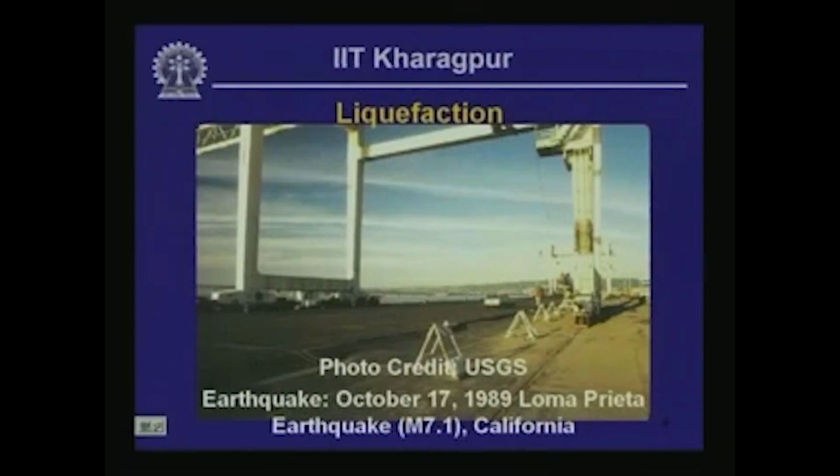This photograph shows the damage that could be caused by liquefaction. This photograph was again picked up from the United States Geological Survey, and this pertains to the earthquake of October the 17th, 1989, Loma Prieta earthquake. This one was of magnitude 7.1 in the state of California in western United States.